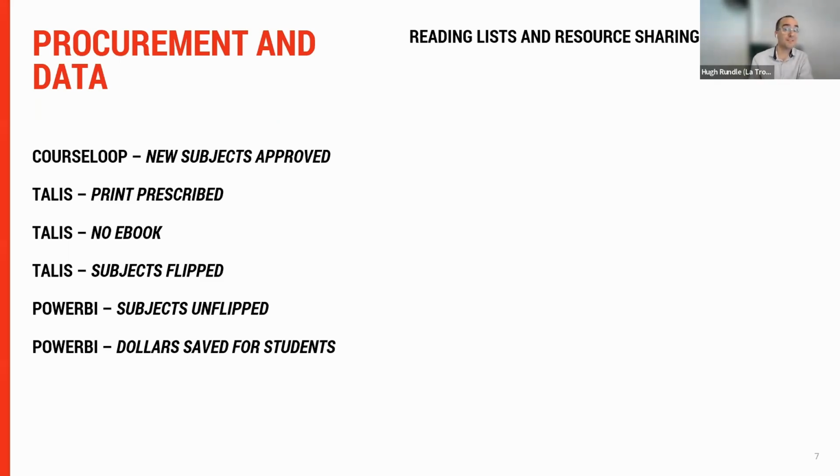However, it is worth noting that this is probably an underestimate because it doesn't count any of the readings where a learning services team convinced the subject coordinator to replace the text completely with a different title. So just counting the stuff that our Reading Lists team flipped, we saved a little bit over $500,000 for La Trobe students last year, which was pretty exciting.